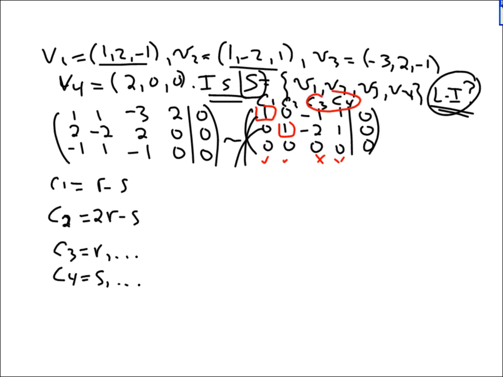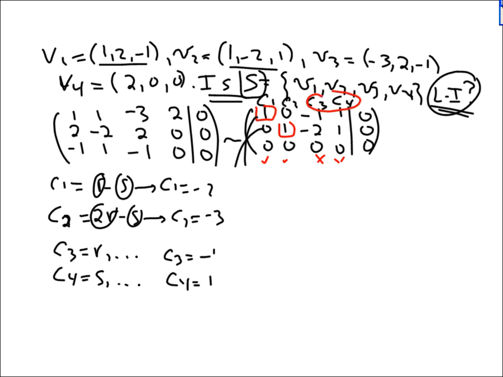Well, if I let S be 1 and I let R be negative 1, this will tell me that C1 is negative 1 minus 1, negative 2, and C2 will be negative 2 minus 1, negative 3.